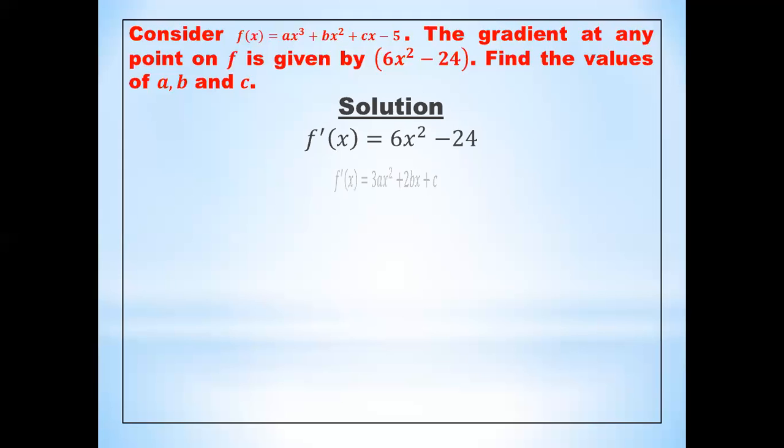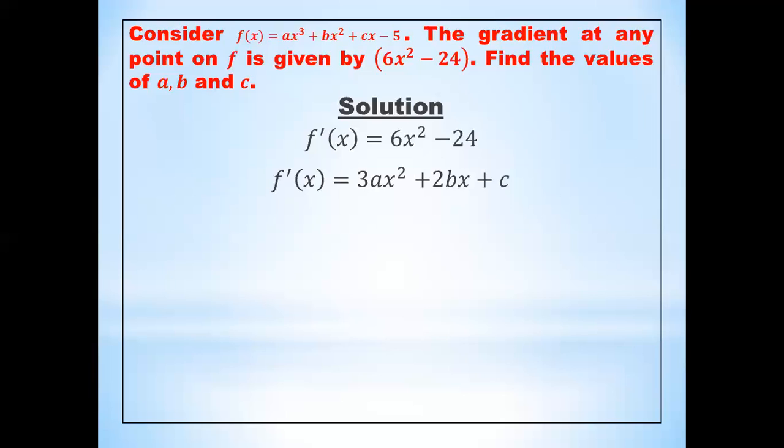All right, then what do we do? That is the first gradient we are given, but now the function is f of x equal to ax cubed plus bx squared plus cx minus 5. We find the first derivative of that. Don't be afraid. We are only deriving x in the function there.